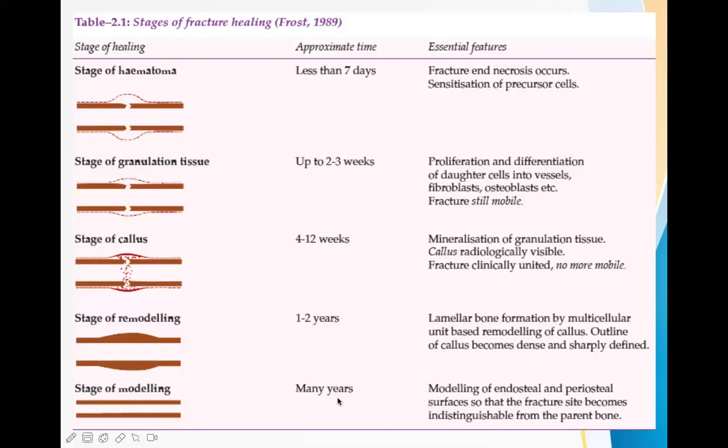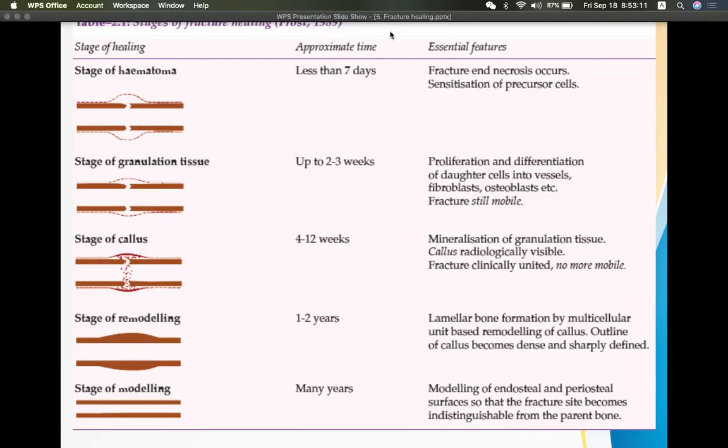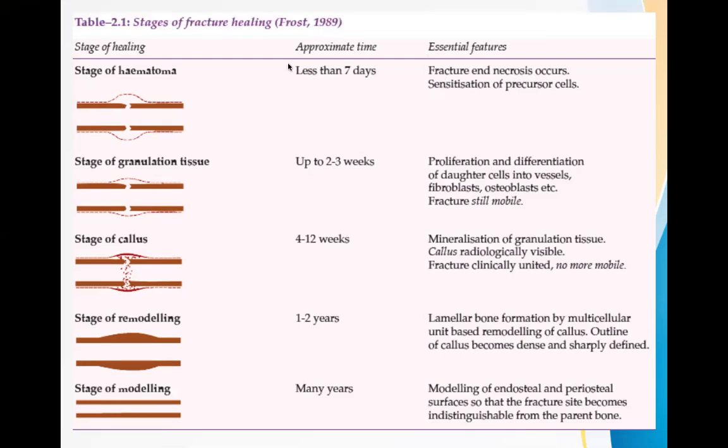And stage of modeling means there is some ongoing modification occurring in the fractured area, so that after a few years, that fracture site is indistinguishable from the parent bone. That means we cannot even identify the real fracture site after a few years. So these are the different stages of fracture healing, and it is described by Frost in 1989.